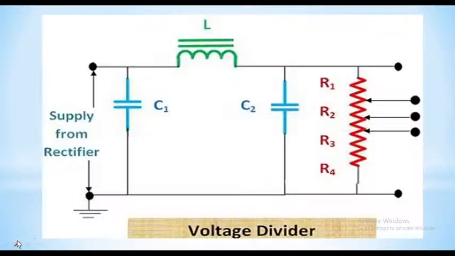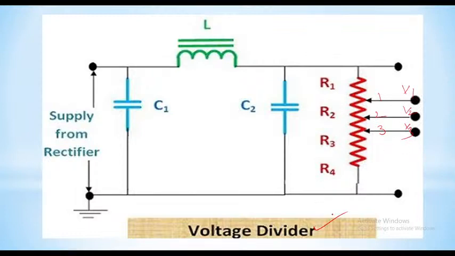Observe here, it is a bleeder resistor. As I already said, we connect this bleeder resistor in parallel with the capacitor. This bleeder resistor is tapped at this point, this point and this point in order to get three different voltages V1, V2 and V3.